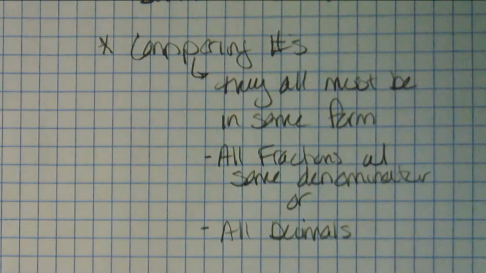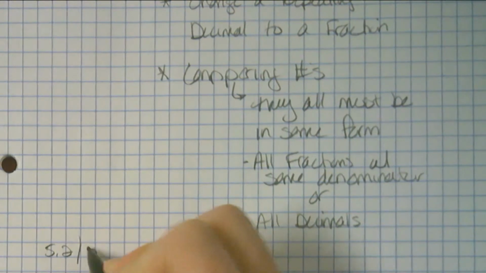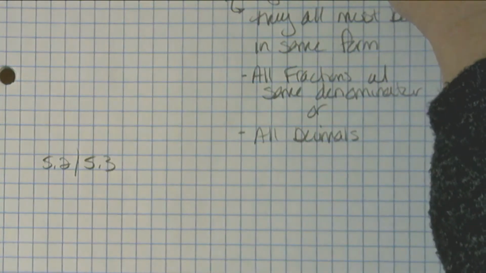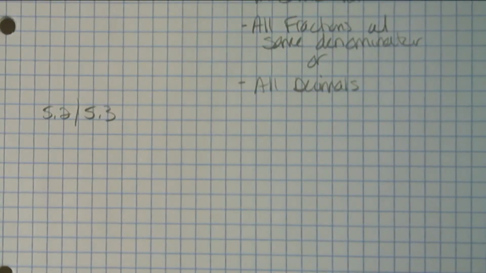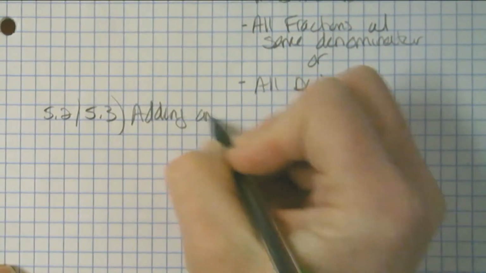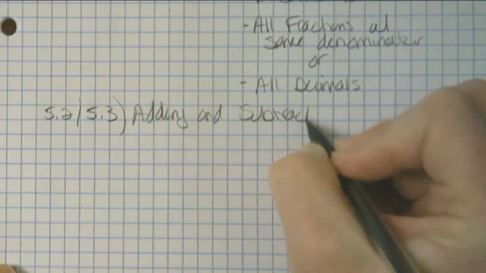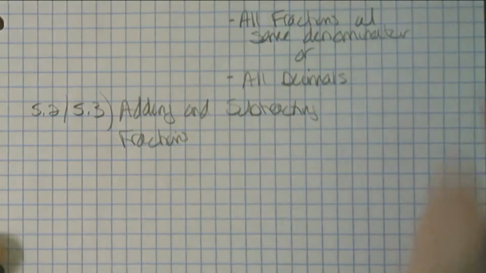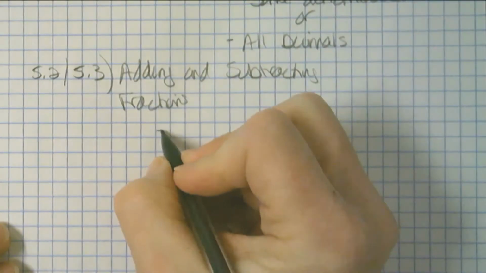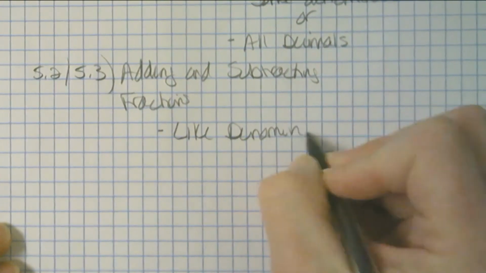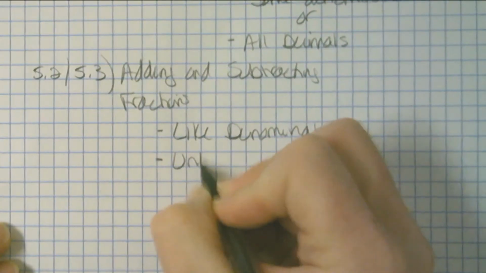We dove into 5.2 and 5.3. In these two sections, we were adding and subtracting fractions. One was when we had like denominators, and the other was when we had unlike denominators.